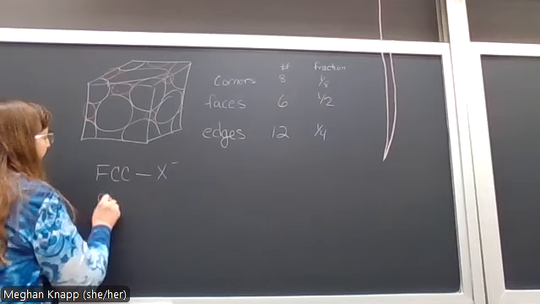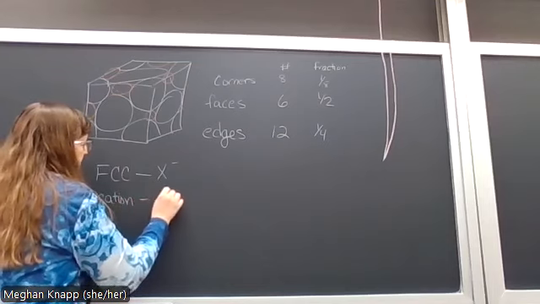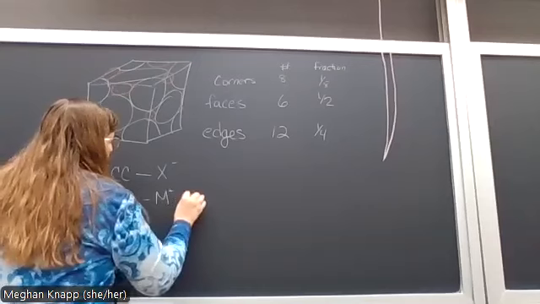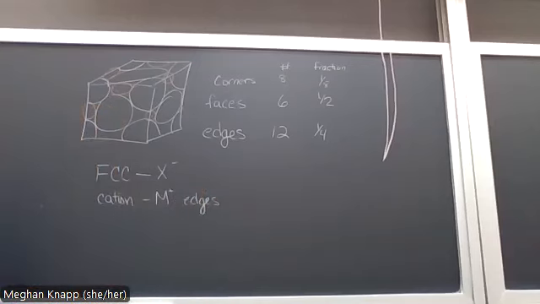And we have the cation at the edges. We want to know what the ratio is. We'd have to count how many atoms there are in a unit cell.